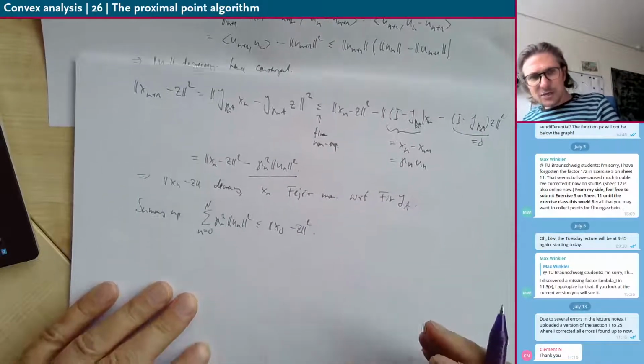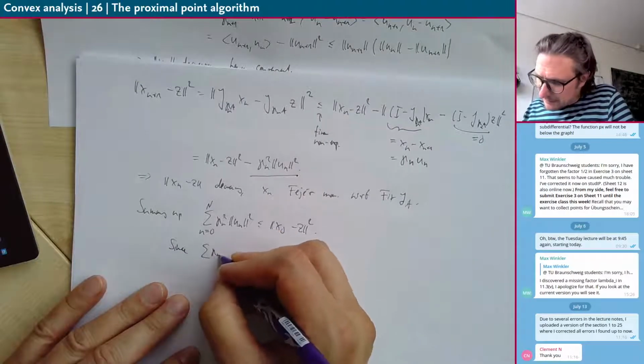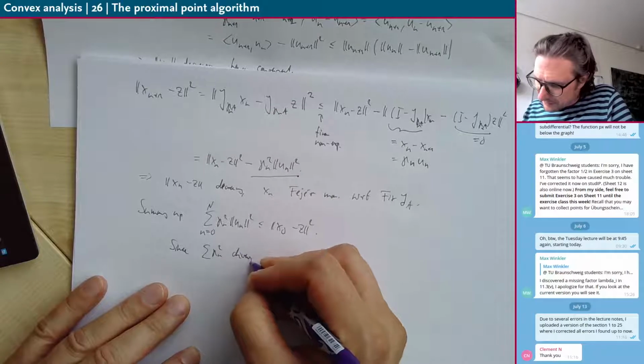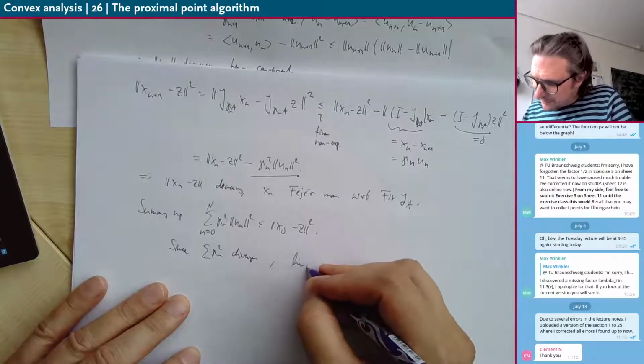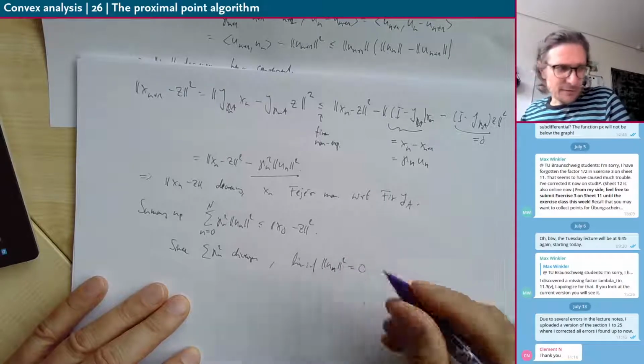And then it's an argument like before: since this sum diverges, the lim inf of the norm of u_n squared has to be equal to 0.